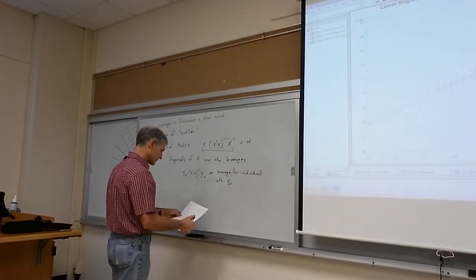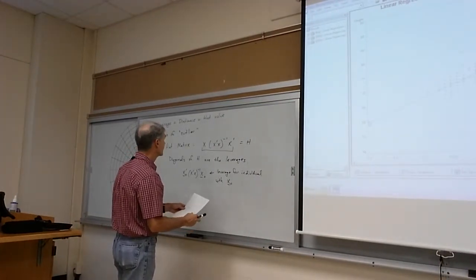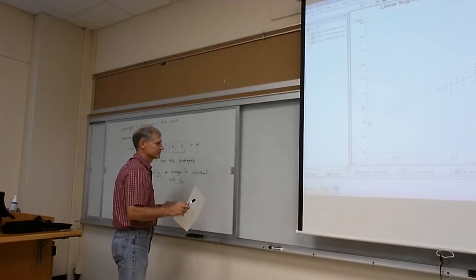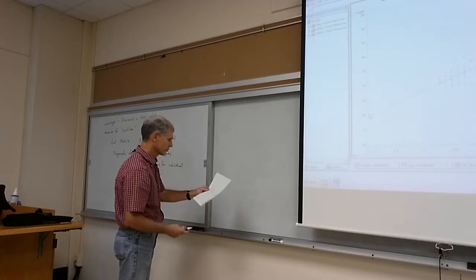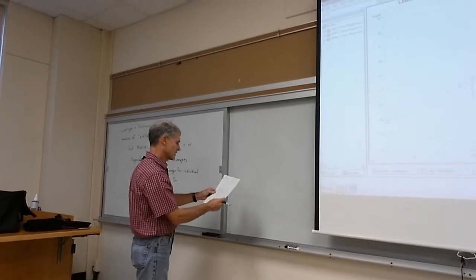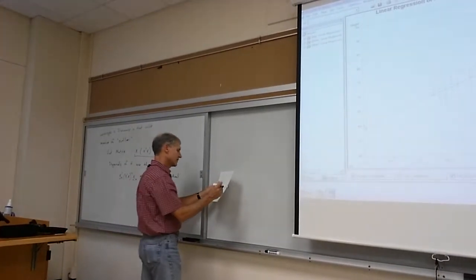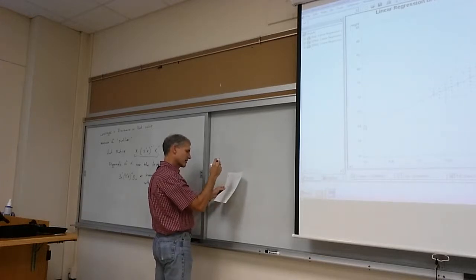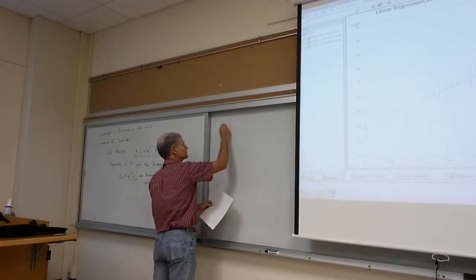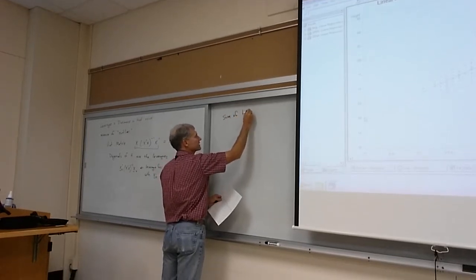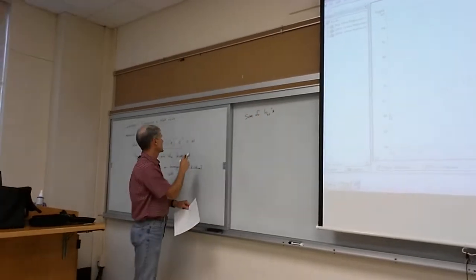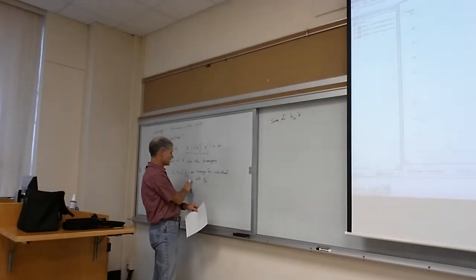So you can show, and I won't prove it, that the sum of all of the hats, and I'll call them h_ii, that's the notation we used before for these hat values, the individual values.